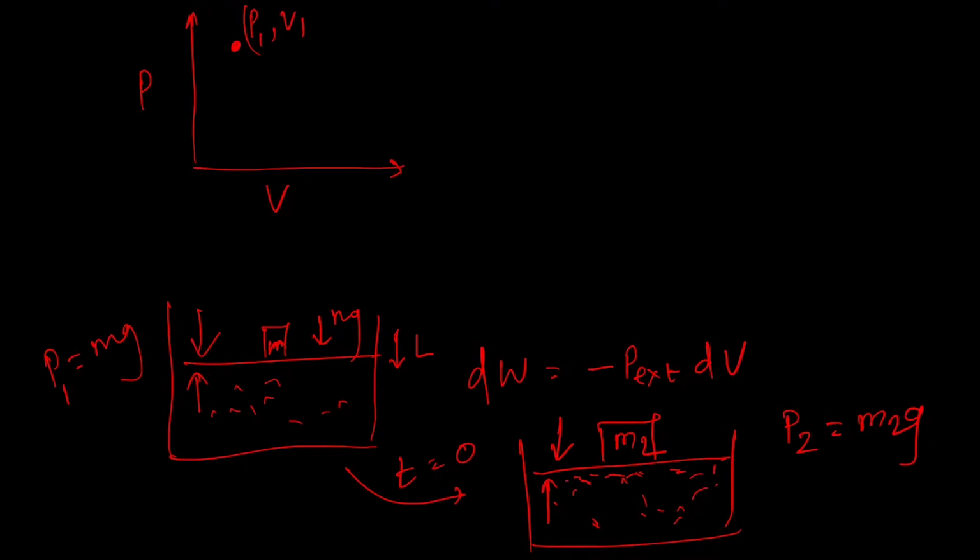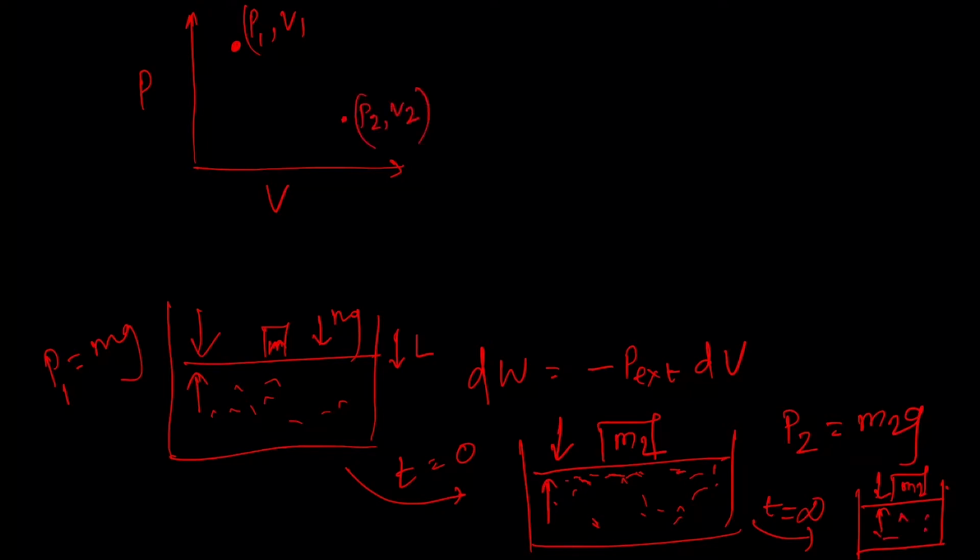What thermodynamics cares about is that if we wait long enough, let us call it t equal to infinity, though practically we do not need an infinite time, then the internal pressure is going to be in equilibrium with the external pressure, and it will adopt a correspondingly different volume. Let us call that P2 and V2.